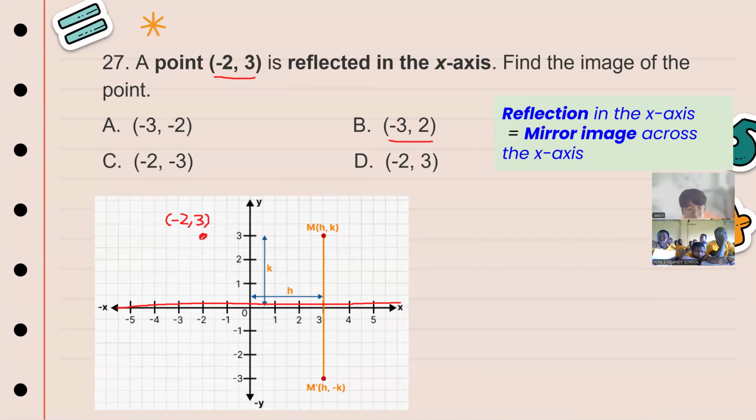If we flip this, this goes all the way down here. What is this point here? It'll be C, because we're reflecting this point over the x-axis, flipping it.